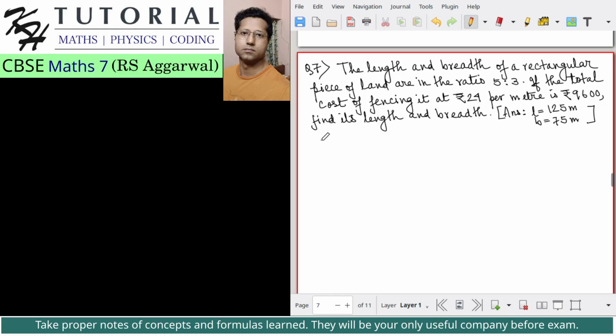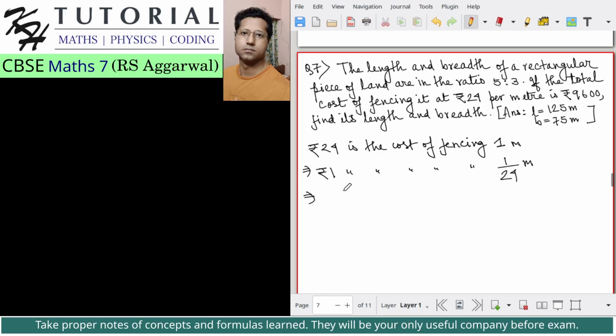So we know that rupees 24 is the cost of fencing 1 meter. This implies rupees 1 is the cost of fencing 1 by 24 meter.